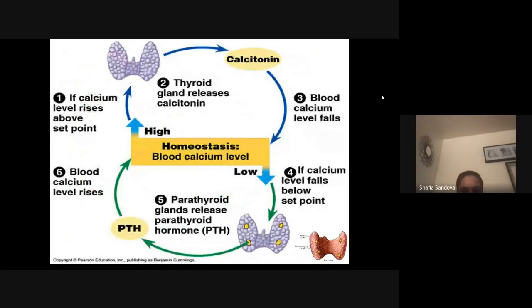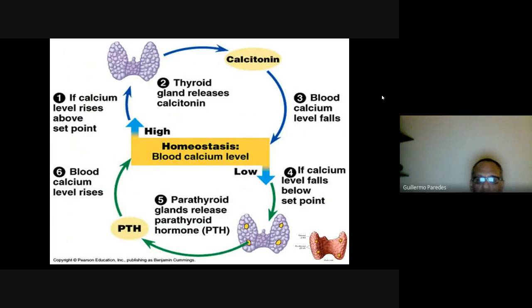Okay, so here, homeostasis of blood calcium. We have high calcium. High calcium stimulates the thyroid gland to produce calcitonin. And calcitonin gets the calcium and puts it back into the bone, meaning it takes the excess calcium from the blood and puts it back into the bone.